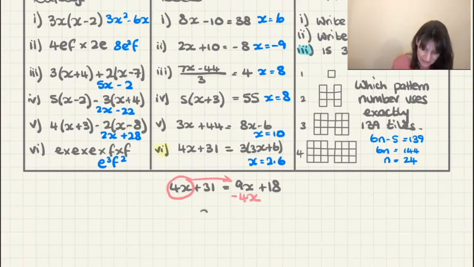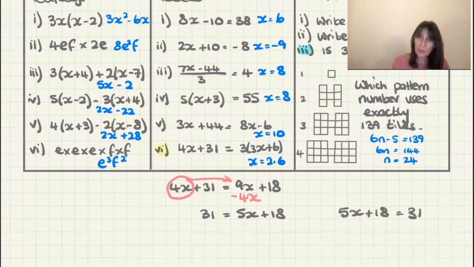That is going to leave me 31 on this side, equaling 5x plus 18. Now, if you're very comfortable with it this way round, you will just hop this side across. I'm going to rewrite because that's what I've been doing, and I know that for some students, it's just easier to see. So 5x plus 18 equals 31.